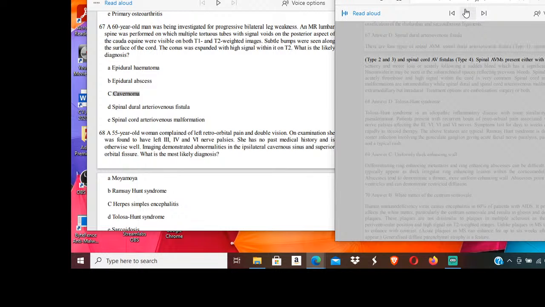Spinal AVMs present either with progressive sensory and motor loss or acutely following a sudden bleed, which has a significant mortality. Hemosiderin may be seen in the subarachnoid spaces reflecting previous bleeds. Spinal AVMs may acutely thrombose, and high signal within the cord is very common.